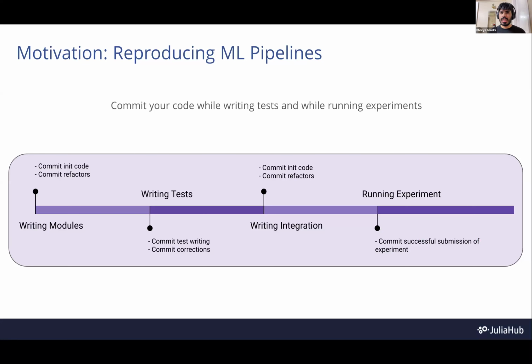How does that translate over to our pipeline from earlier? It's simple, right? We write our modules like we do for any package, whether in Julia or any other language. We write the tests, we write any integrations that we need to validate our models, and then we run experiments. This is extremely important because machine learning typically requires a huge number of hyperparameters to be set, especially for a sufficiently complicated model.